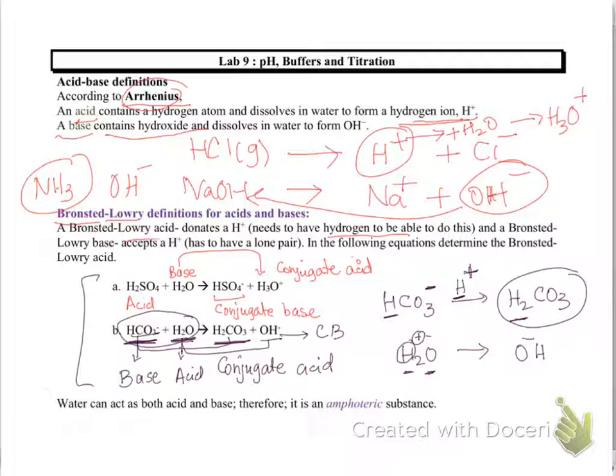You have to look at the reaction and you have to look at the products. In the first example, H2O was acting as a base. In the second example, water was acting as an acid. So the substances that can act both acids and bases are known as amphoteric substances. So water is amphoteric. Water can act as both acid as well as base.